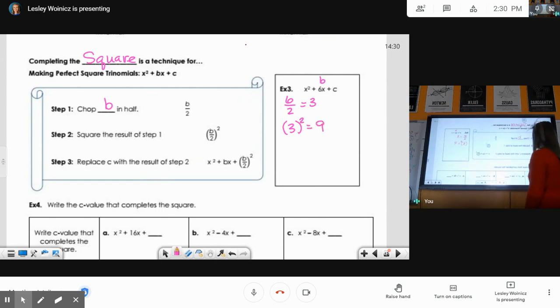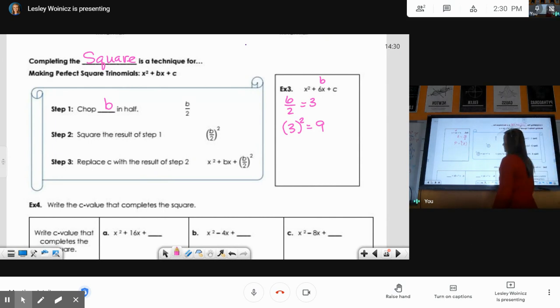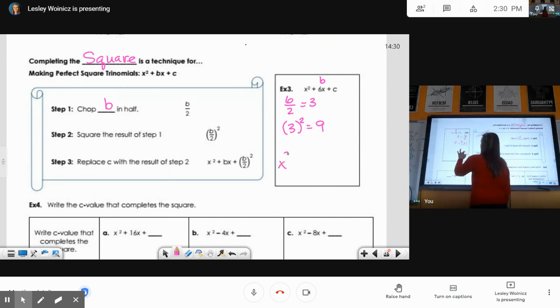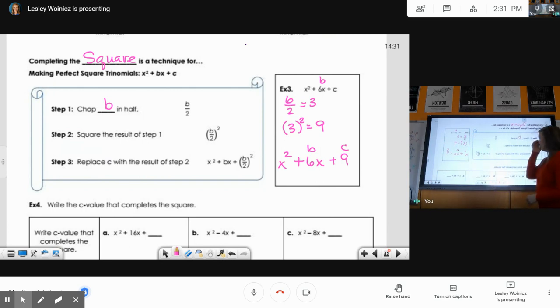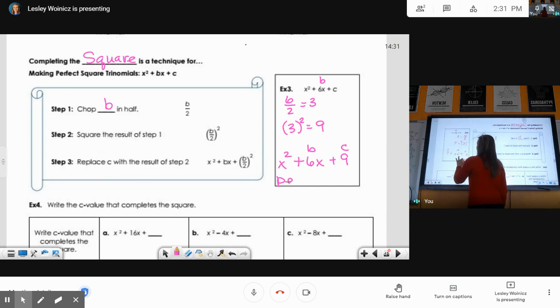Okay, third step, I replace the C with the result of step 2. So I write x squared plus 6x plus 9. That's my C, that's my B. And I have a beautiful perfect square trinomial.